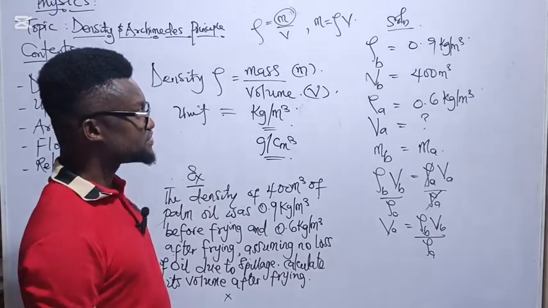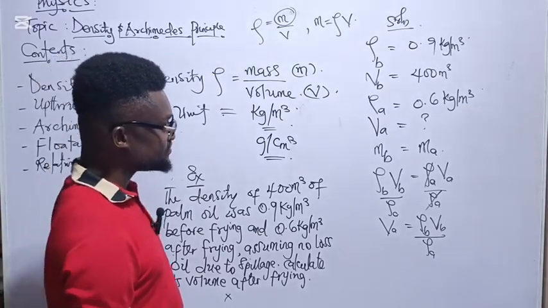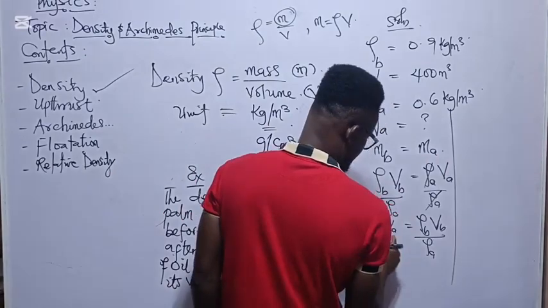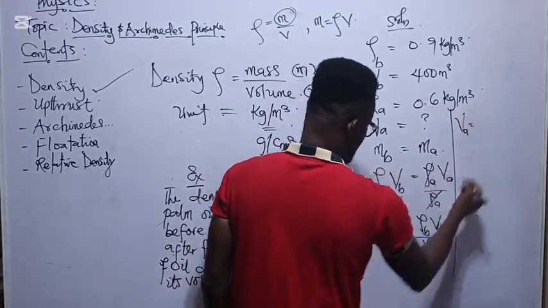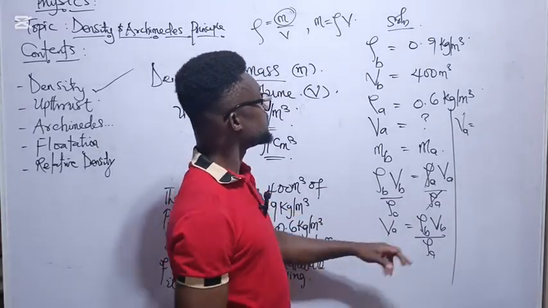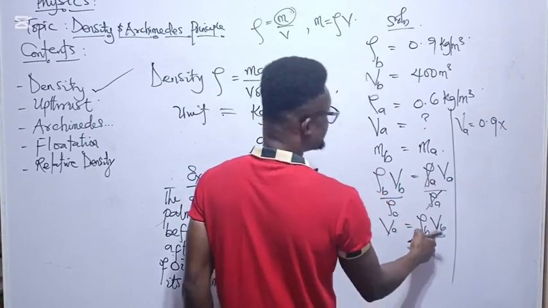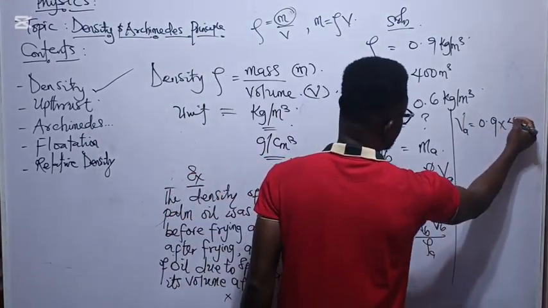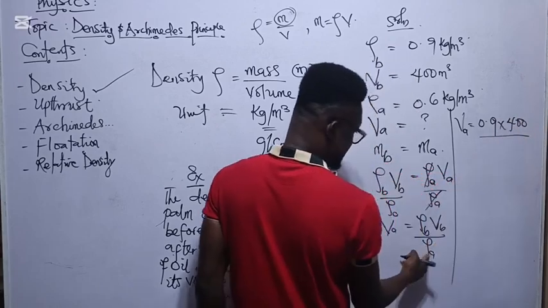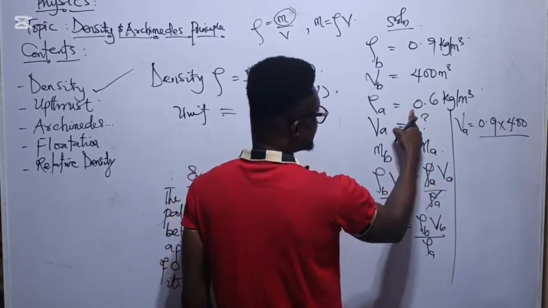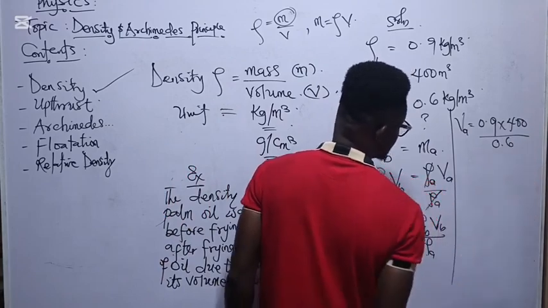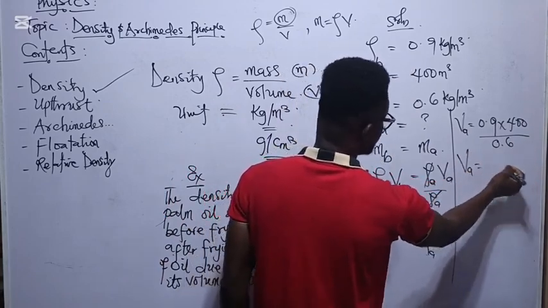Now, if we do the substitution of those parameters, volume after becomes density before, 0.9, times the volume before, 400, then divided by density after, which is 0.6. Now, what's the volume after?